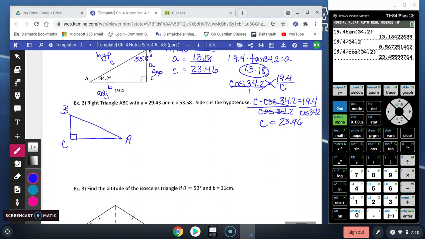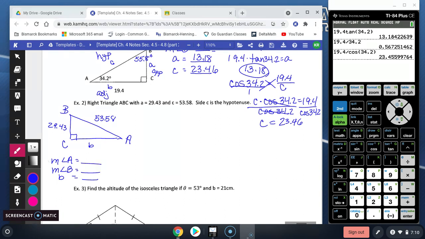All right, side a is 29.43. Side c is 53.58. Okay, so this time we are looking for the measure of angle A, the measure of angle B, and side b.